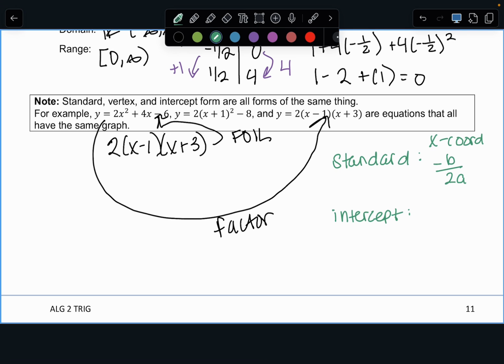Something plus something over something. p plus q over 2. Perfect. And if I'm in vertex form, it's given to me. What letters is it? h, k. Perfect. That's all you need. If you have your vertex, you plug it in, you do your table, you do your 1, 3, 5, 7, and you're done. Okay?